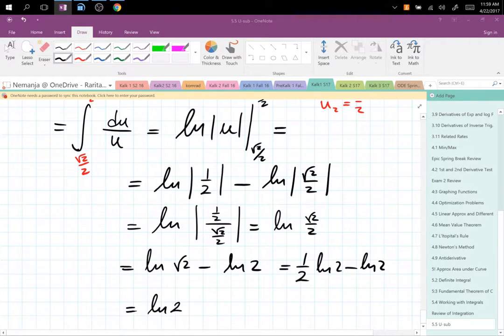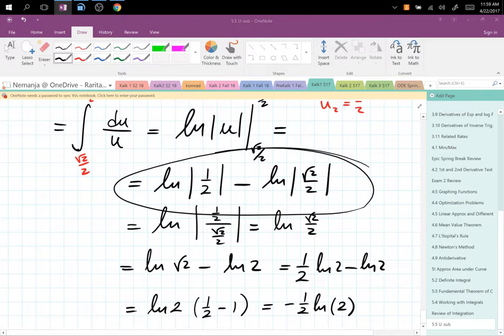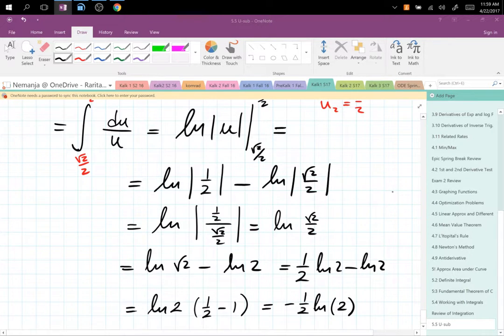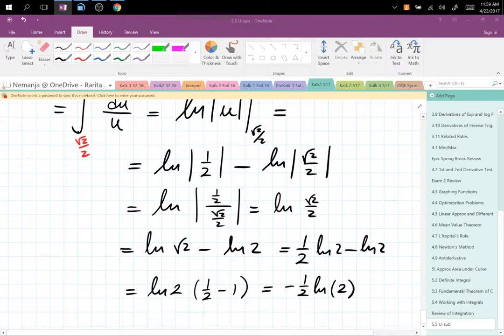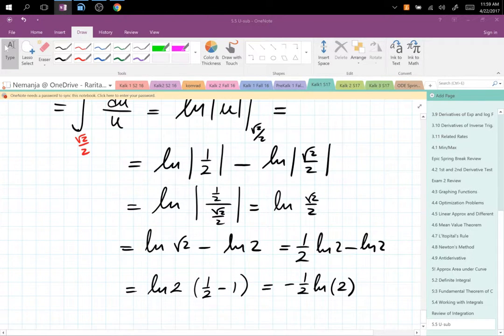Right, you factor out ln 2, and you're left with 1/2 minus 1, which is negative 1/2 ln 2. We were happy here, but why not be even more happy? Why not be extraordinary if you can, right?